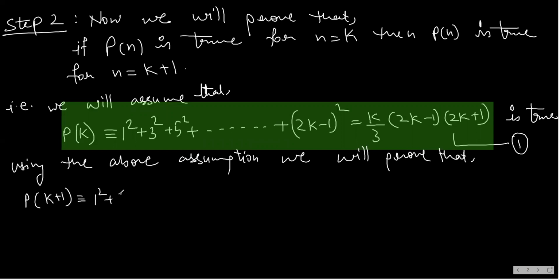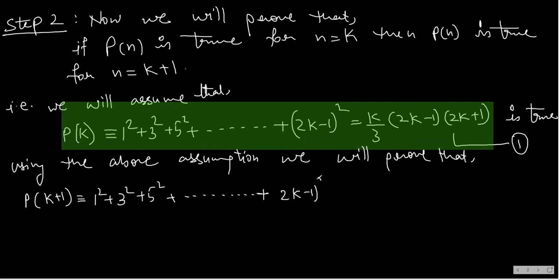It is 1 square plus 3 square plus 5 square plus dot dot dot plus, you know, in P of k plus 1, n is k plus 1. So n equals k plus 1 will be the next term. So this term will definitely be there.